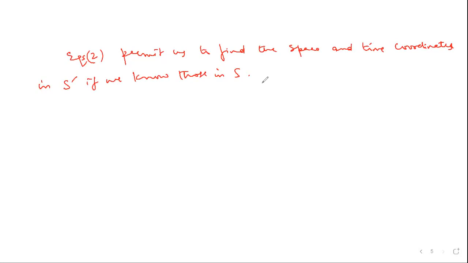Suppose, however, that we wish to know the coordinates in S given those in S prime, right?